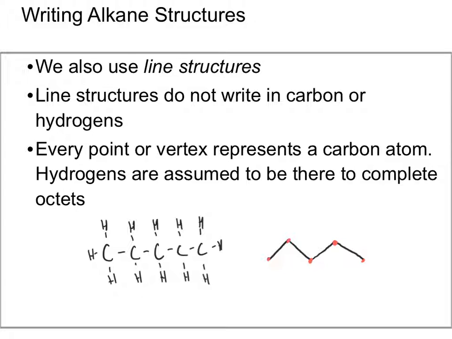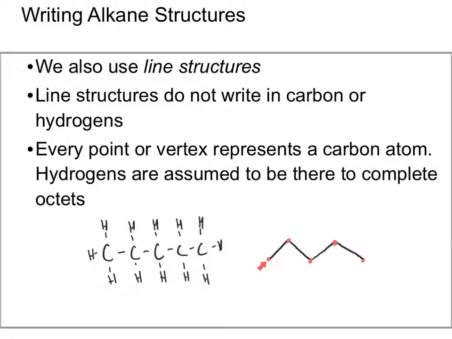So all those points are our 5 carbon atoms, and then hydrogens are assumed to be there in order to complete our octets. For instance, here at this point, this carbon atom, we can see it only has one other bond in our line structure, bonded to this carbon here.